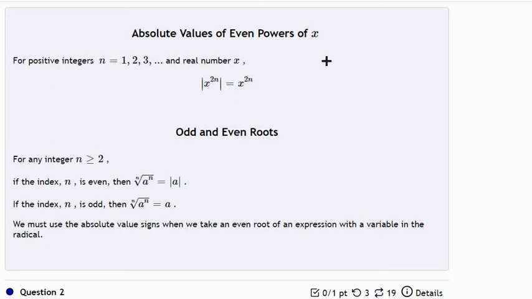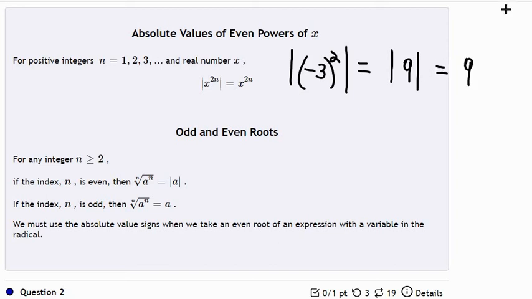What do they mean by that? Well, what they're saying here is, if, for instance, you take the absolute value of negative 3 to the second power, well, negative 3 to the second power is positive 9, and the absolute value of 9 is just 9 itself.